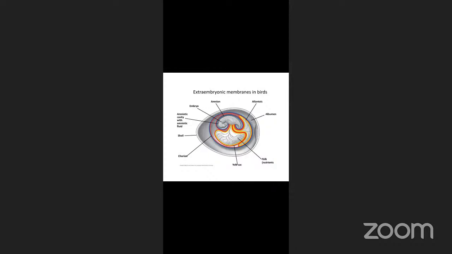Then inside that, we have the chorion and allantois structure. The allantois is surrounded by the chorion. Then you have the amnion, and you have the amniotic cavity with amniotic fluid, and in that you have the embryo. And you have the yolk sac, and within that you have yolk. That yolk provides the nutrients.